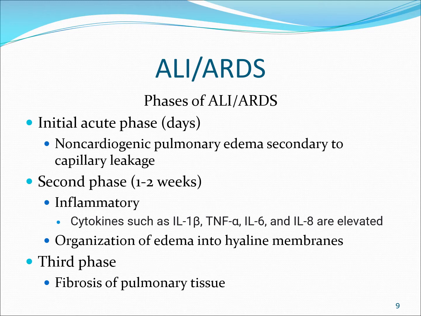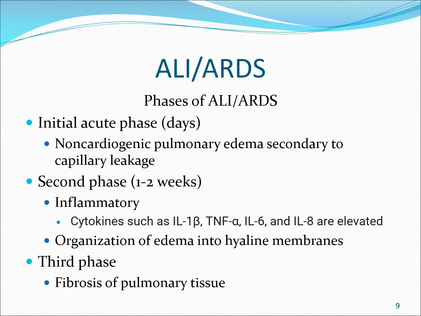The second phase, which is the most damaging phase, is the inflammatory stage. The inflammatory stage means that as our body responds to any kind of insult, it releases all these cytokines. They're trying to cure you. This inflammatory stage is a good sign, except it is really too much.